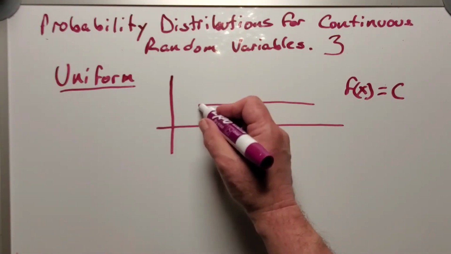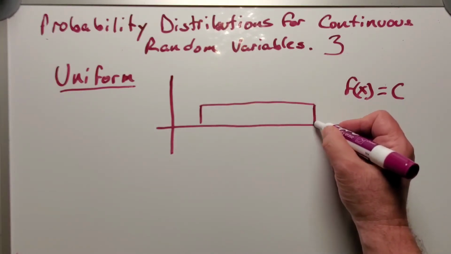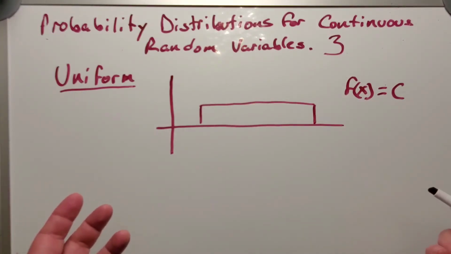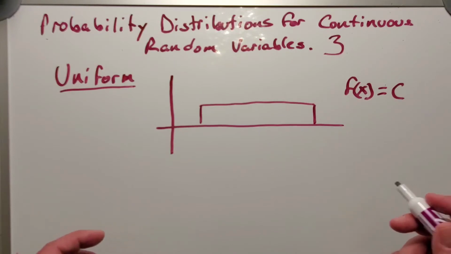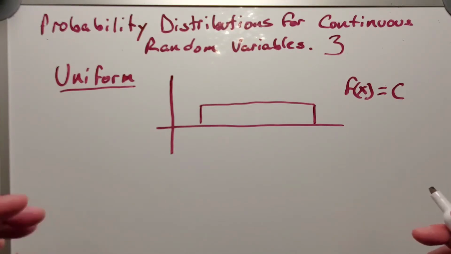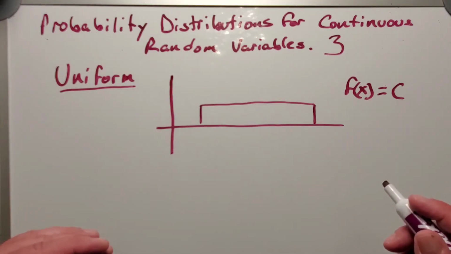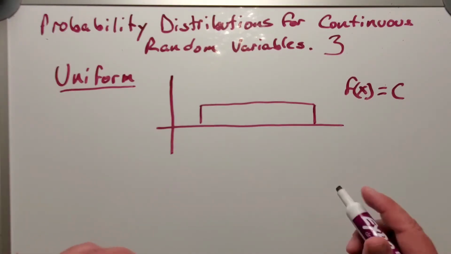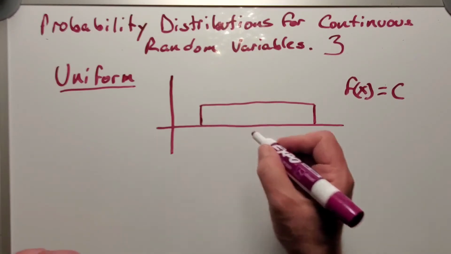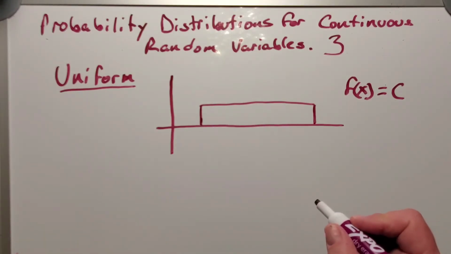In probability and statistics, we call it a uniform probability distribution. In profile, it looks like a warehouse from the side in silhouette. It's a flat-topped construction of constant height, and that's actually what makes it easier for us to work with.